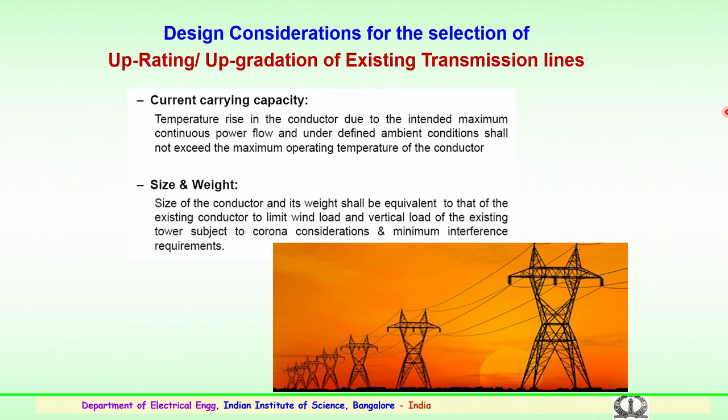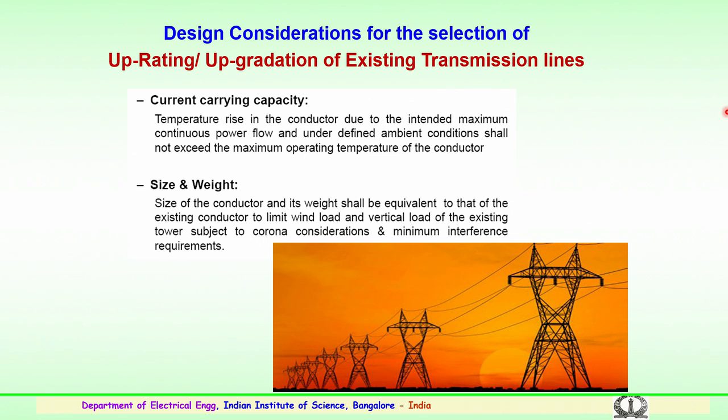In case of uprating of the conductor, the mechanical strength and weight of the conductor should be similar to the previous conductor which is being replaced, and it should be able to limit the wind load and vertical load on the existing tower.